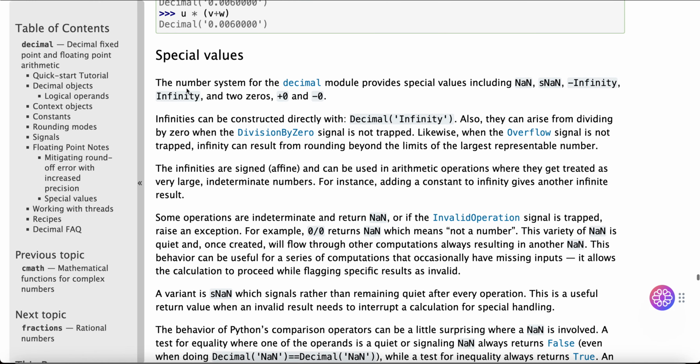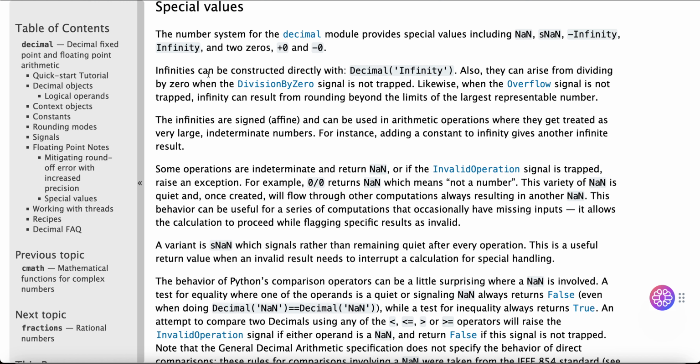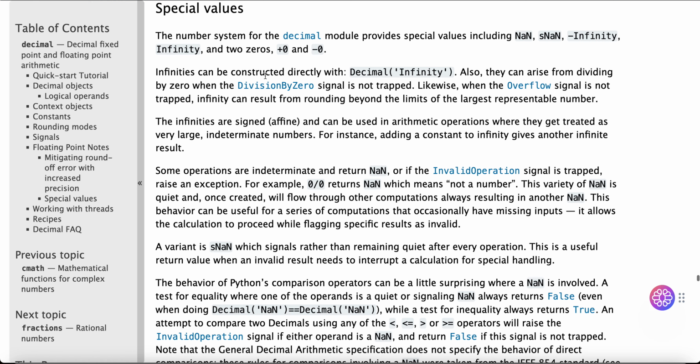Special values. The number system for the decimal module provides special values including NaN, sNaN, -Infinity, Infinity, and two zeros, +0 and -0. Infinities can be constructed directly with Decimal('Infinity'). Also, they can arise from dividing by zero when the DivisionByZero signal is not trapped.